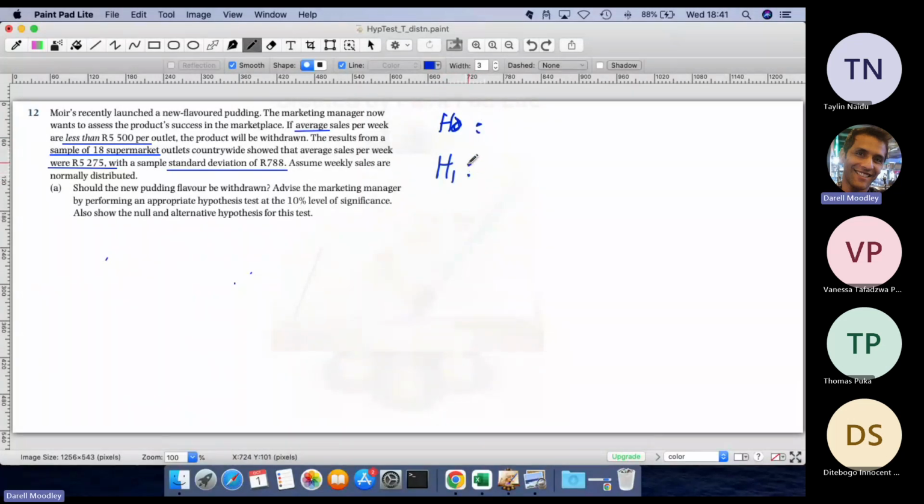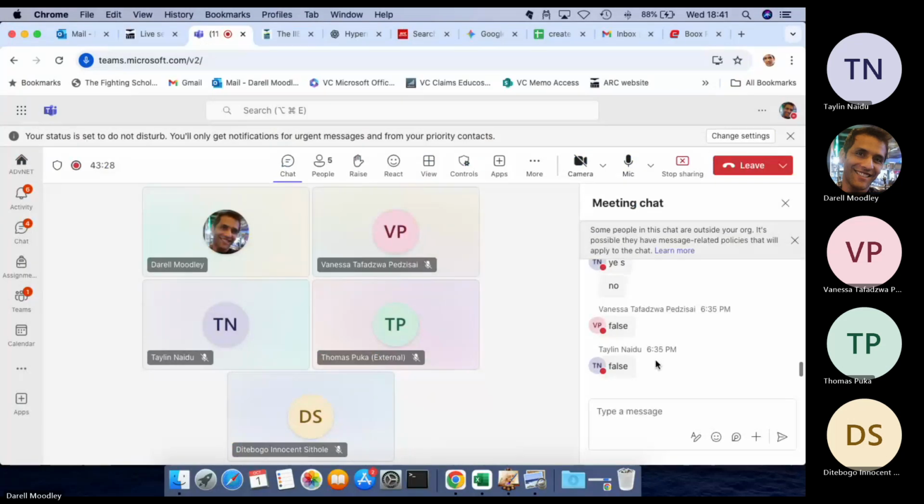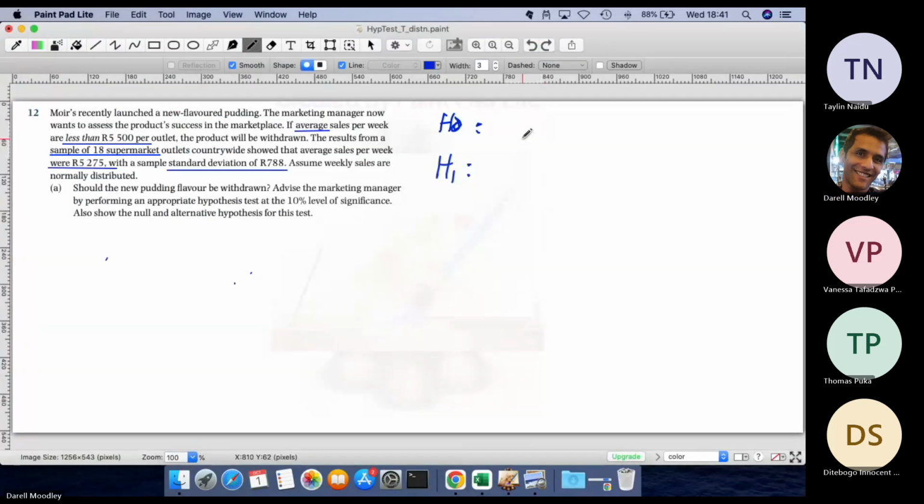Before I go, I'm just going to check the chat. Any questions? Now, if you read this text, it says less than 5,500. So in other words, in one instance, you're going to have mu less than 5,500. And in the other instance, you must have the opposite of less than.